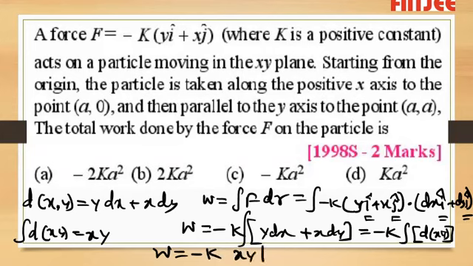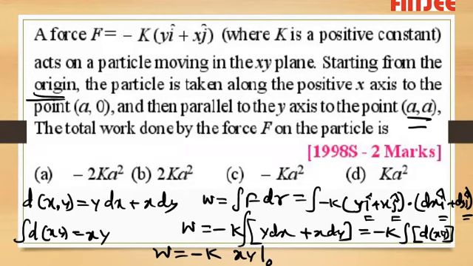Now I have to put the limits, from (0, 0) to (a, a). The final limit is a, and the starting limit was 0, 0 only.